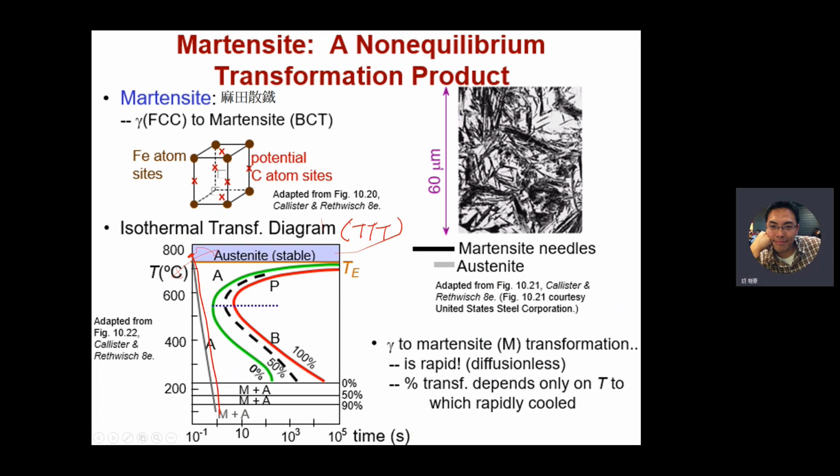Its delta T is huge, from here to here. Compared with other transformations, for the martensite transformation the delta T is huge and the cooling rate is rapid.